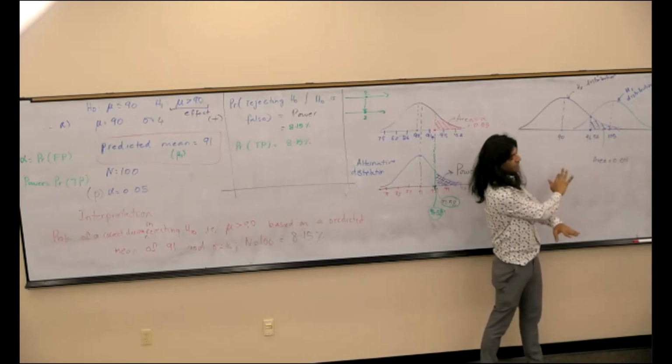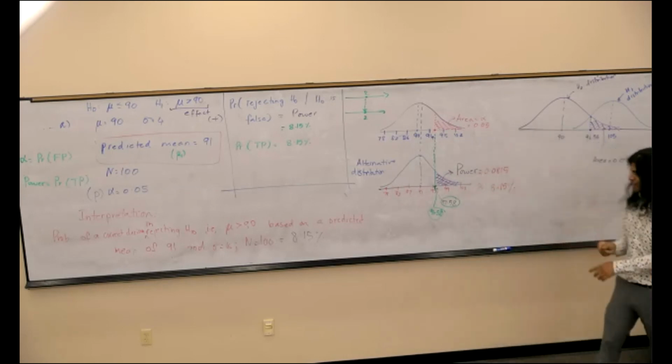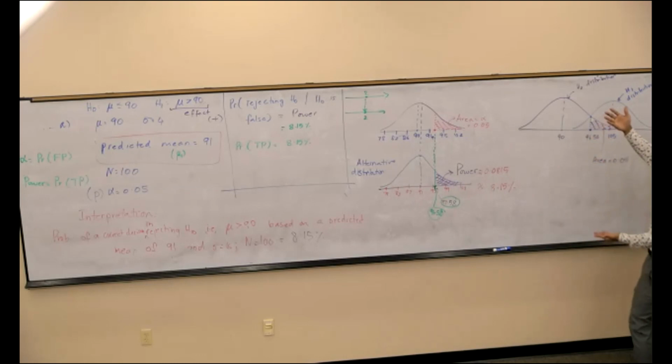I didn't want to start with this because you will have difficulties understanding how. Now that I've done it separately, you can visualize it together. Same cutoff. If you found the area above it with the null distribution, you get the answer. Same cutoff, but if I use the alternative distribution, what will I get?